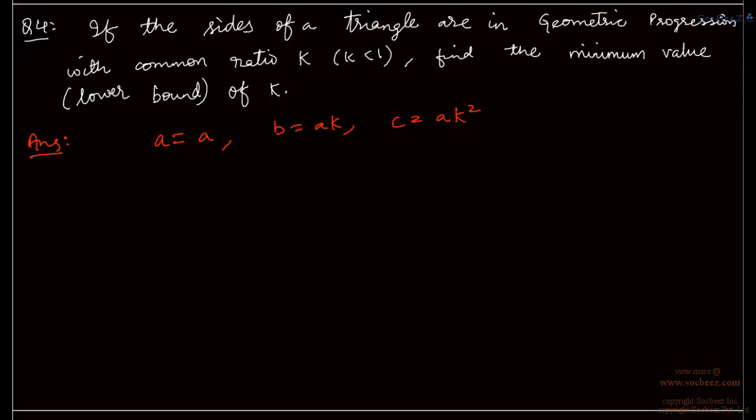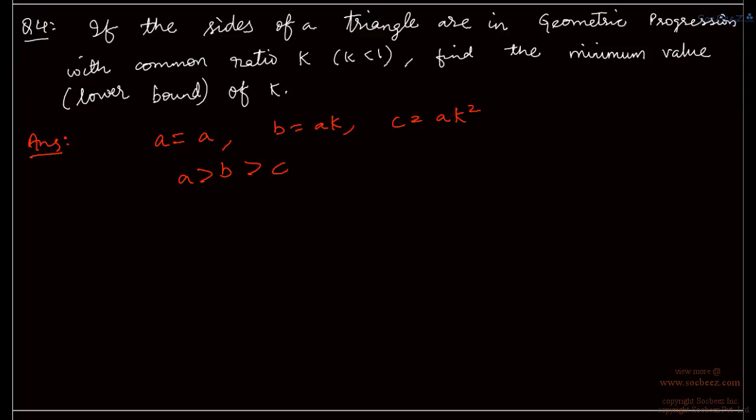Now I have the triangle inequality, which says the sum of two sides is greater than the third side. Now I have that k is less than 1. That means A is greater than B and B is further greater than C, right?